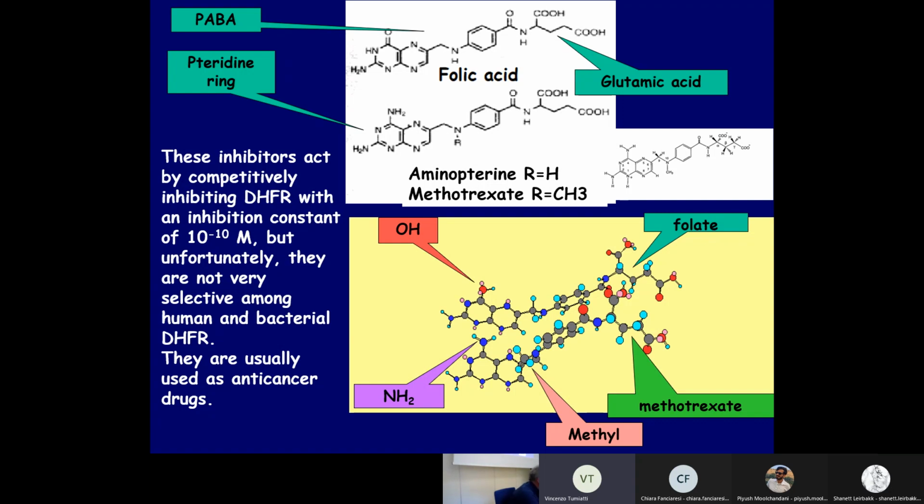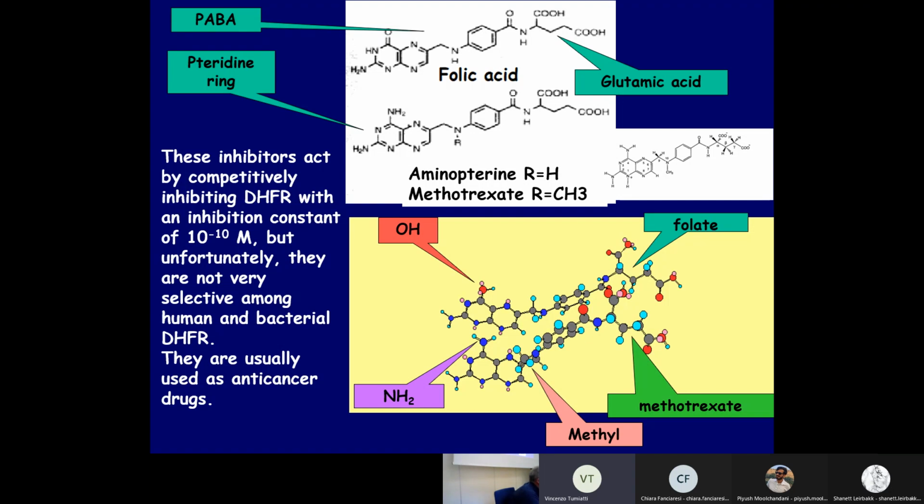But there are several healthy cells with this faster cell cycle, for example, cells in the intestine, cells of the hair. So the side effects are due to the interaction of these compounds with the healthy cells with a faster cell cycle.